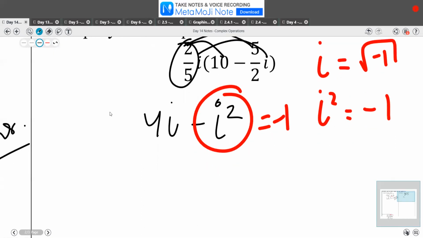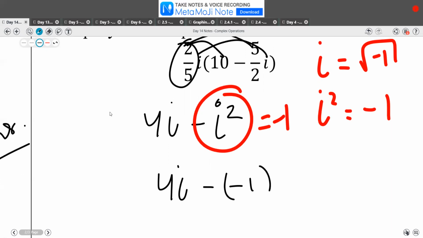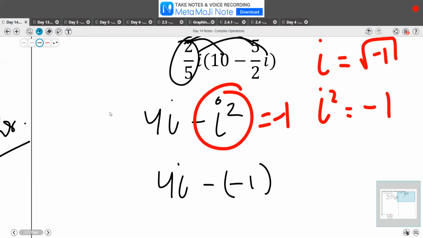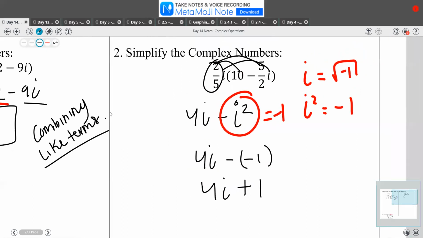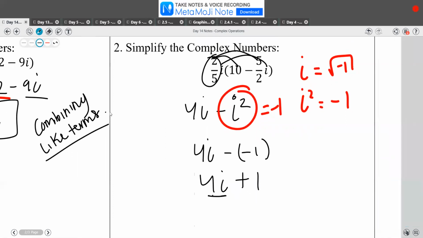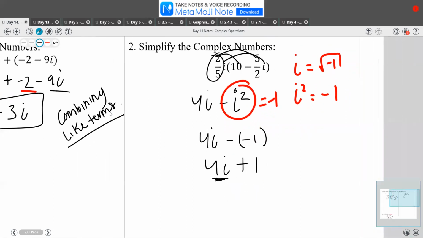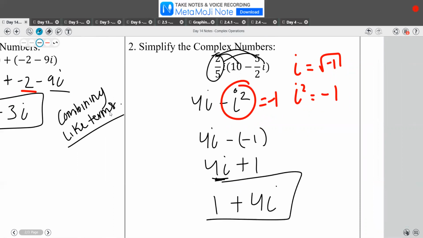So then that would be 4i minus negative 1. Negative times a negative equals a positive, so that would give you 4i plus 1. Okay, when it comes to writing complex numbers, you got to make sure that the i goes second. So I'm actually going to rewrite this to 1 plus 4i, and then that would be your solution.